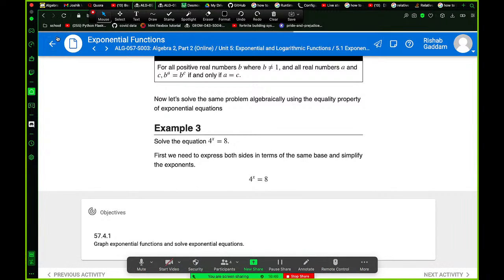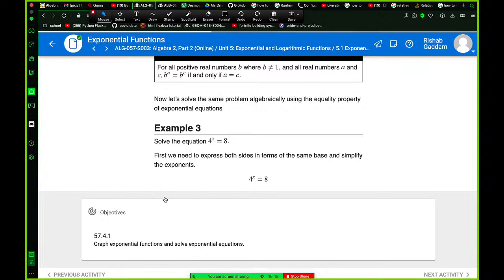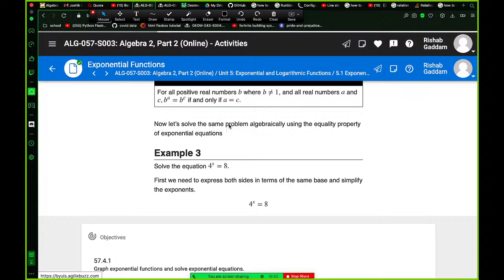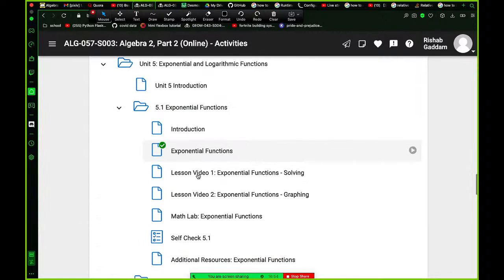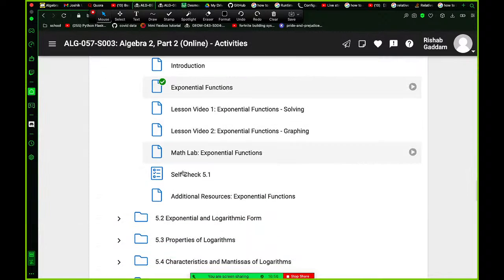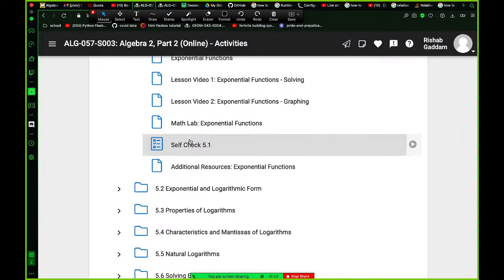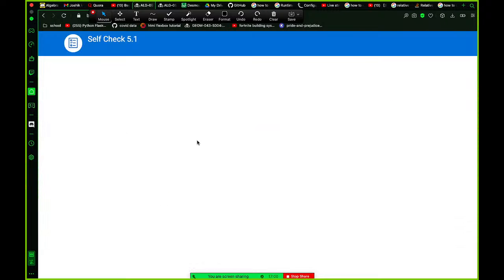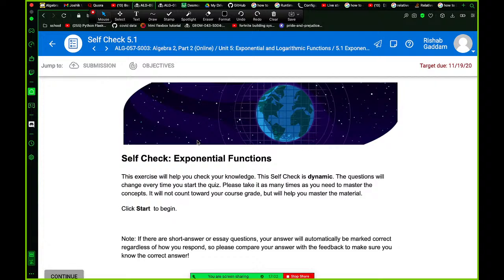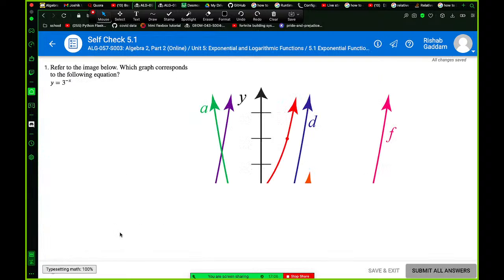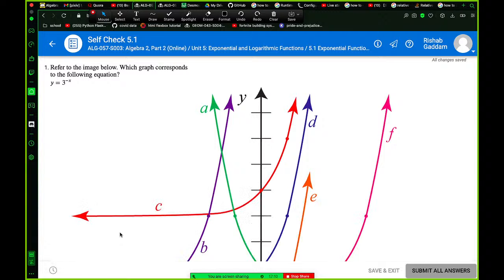Exponential property of equality. Let's do some practice. Continue. Okay.